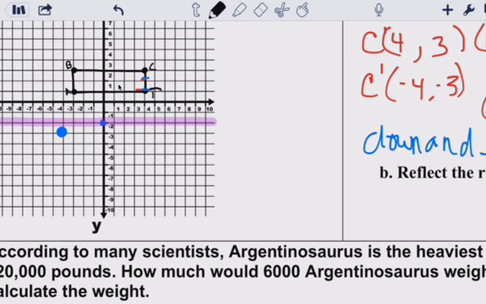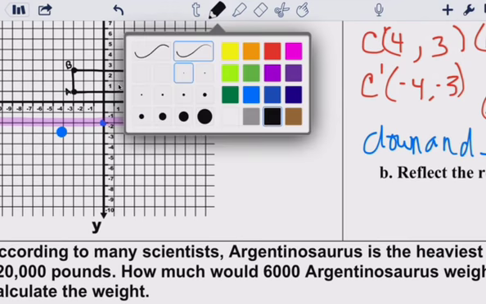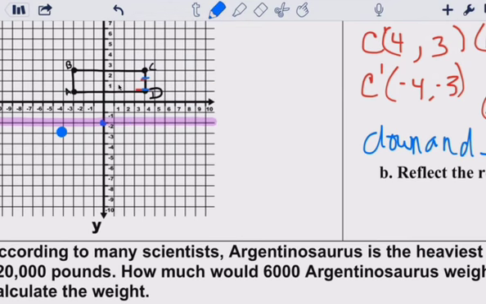That was D here. D is 1, 2, 3 away. Count 1, 2, 3 away. Put D prime.